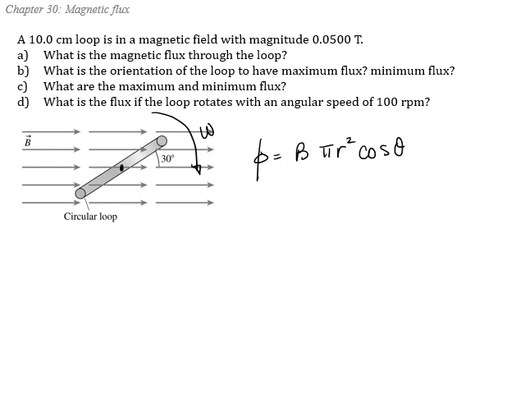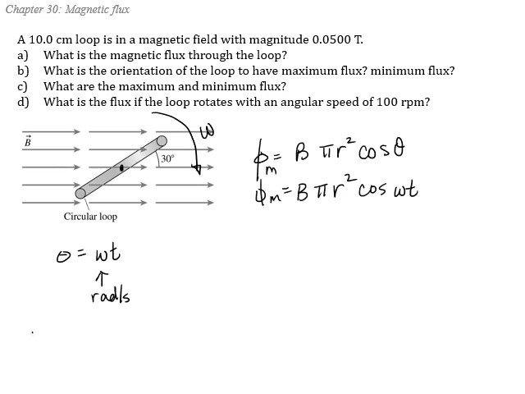Theta is the angle between B and A. When it's rotating, theta is not constant. Theta is equal to, since it's an angular position, the angular velocity times time, where omega is given in radians per second. Okay, so our flux then, our magnetic flux, is B times pi r squared times cosine of omega t. Now all we have to do is a conversion.